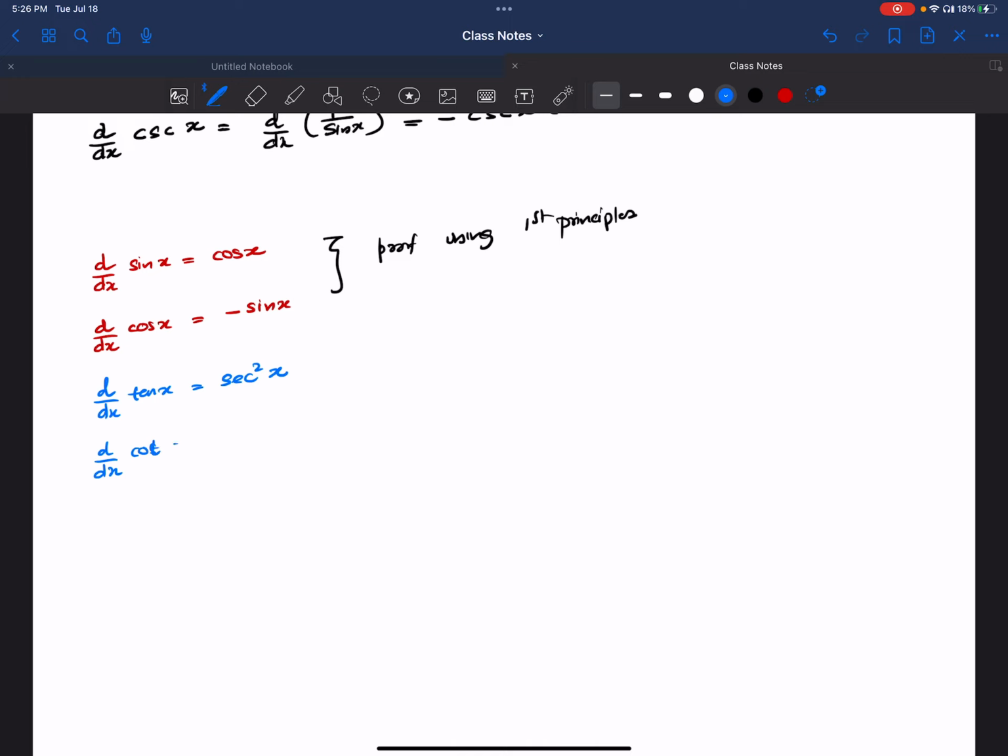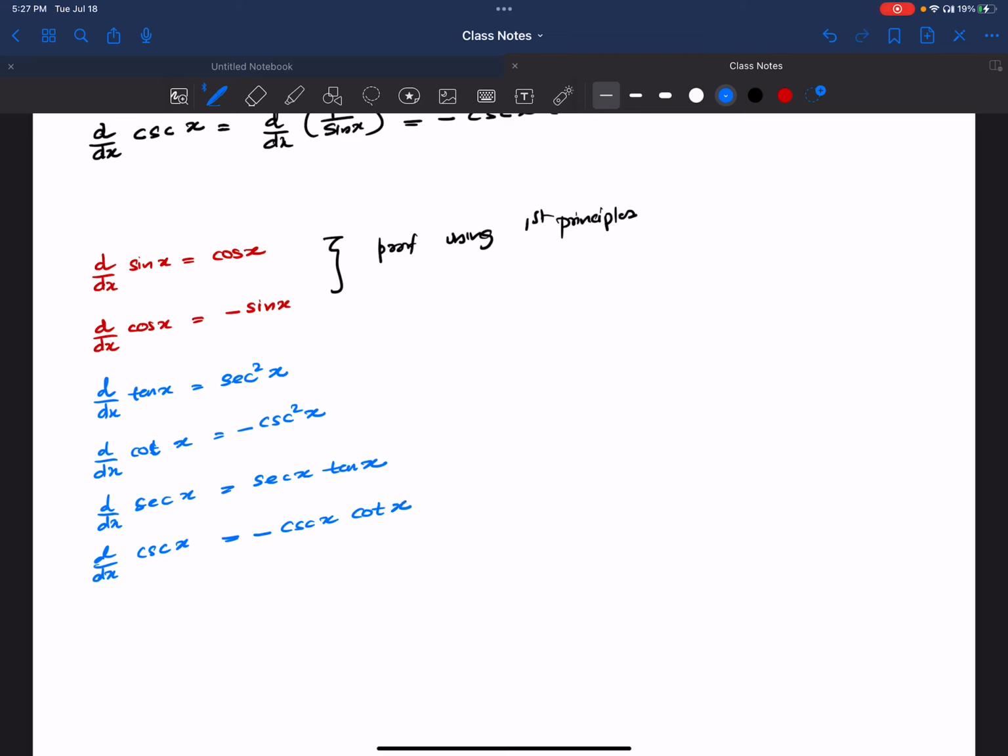d over dx cotangent x is equal to negative cosecant squared x, and d over dx secant x is equal to secant x times tangent x, and d over dx cosecant x is equal to negative cosecant x times cotangent x, right?